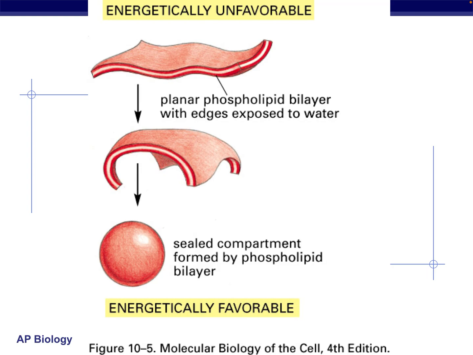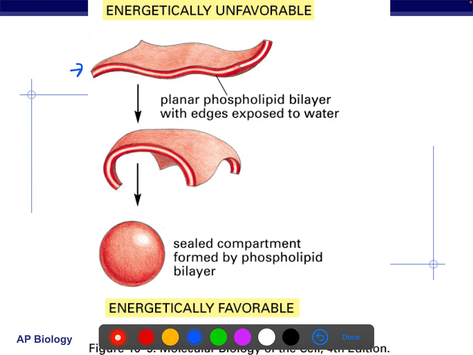Here, you're always going to see the phospholipid bilayer as a cross section, like we see in this top picture, where you have that nonpolar section in the middle and you have the red areas that are polar facing the water. However, that's not the way that material is going to want to stay.